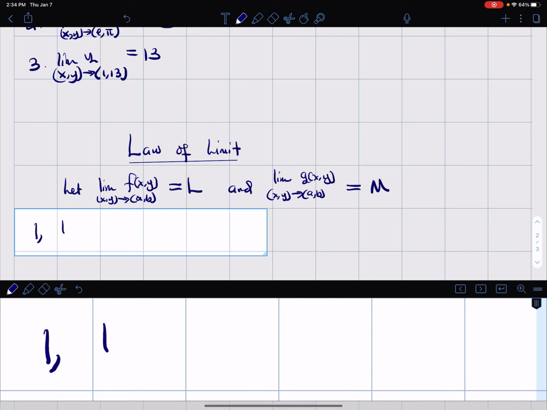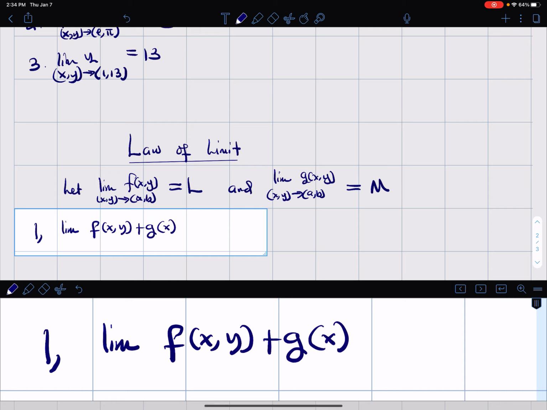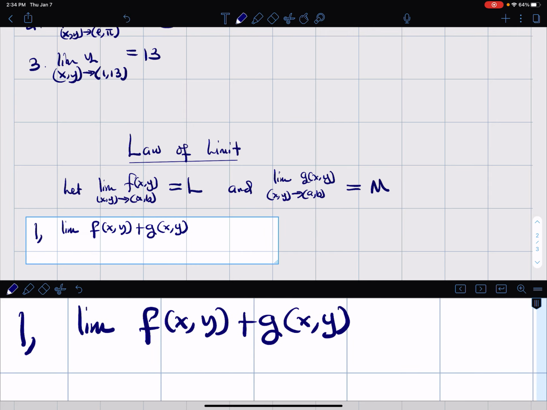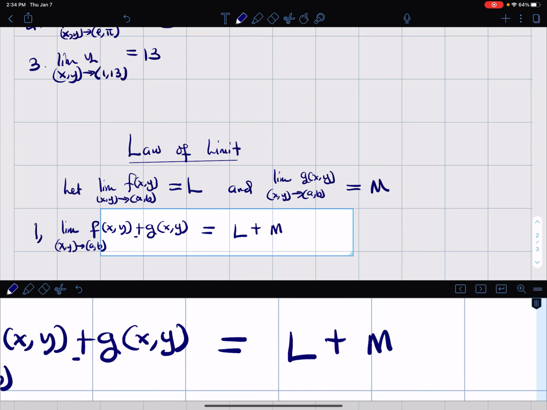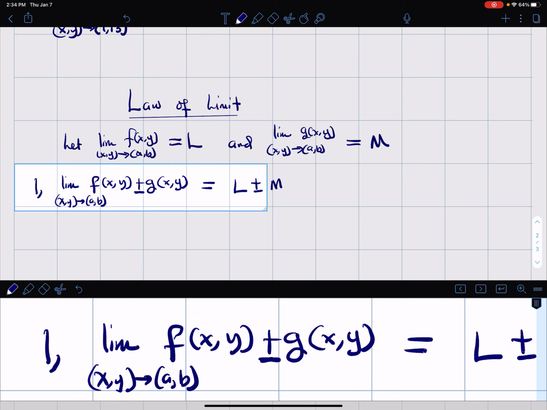If we know these limits, then the limit of f(x, y) plus g(x, y) as (x, y) goes to (a, b) is equal to L plus m. If it's f(x, y) minus g(x, y), then it's just going to be L minus m, and so forth.